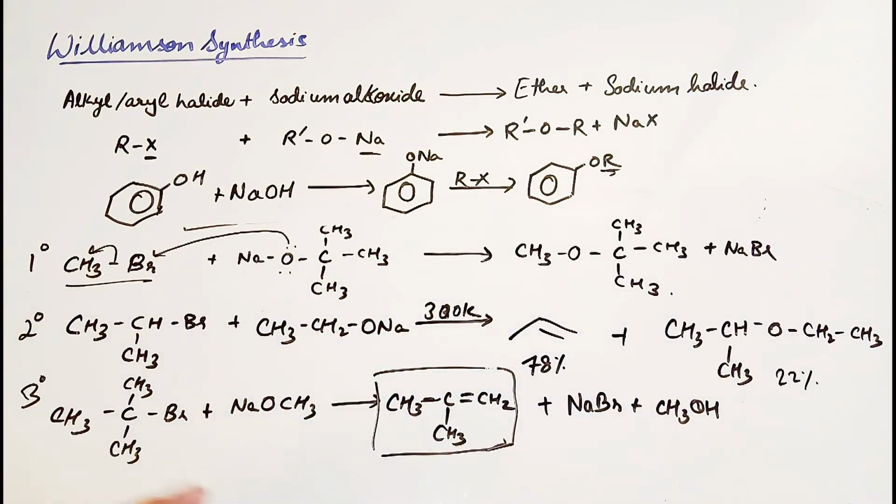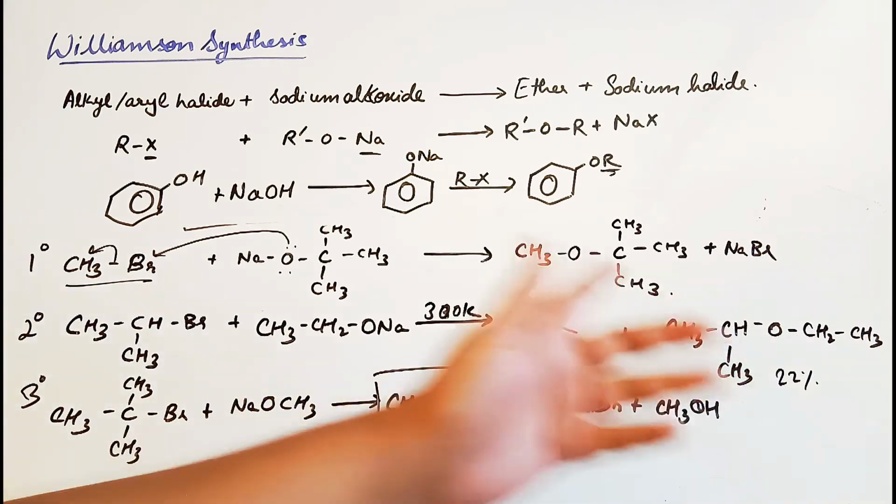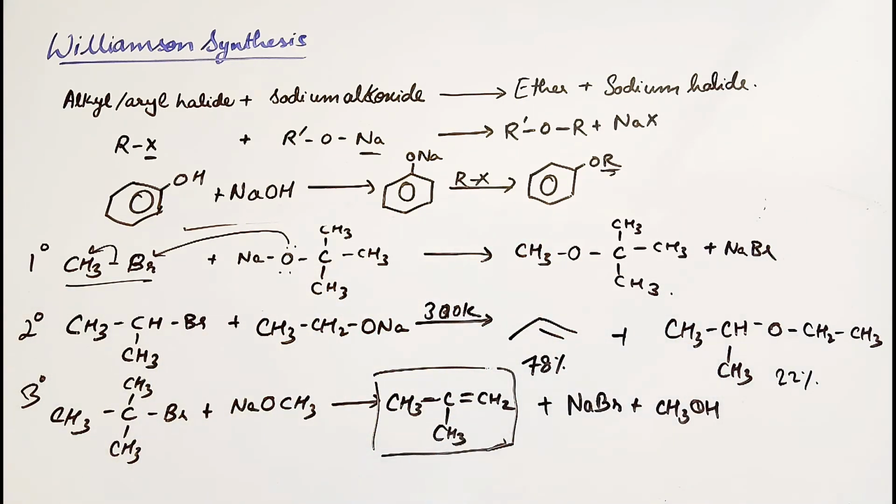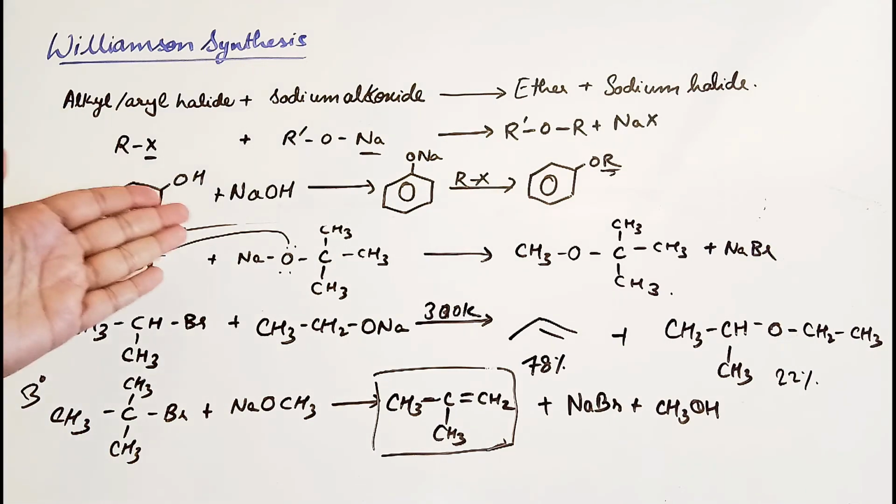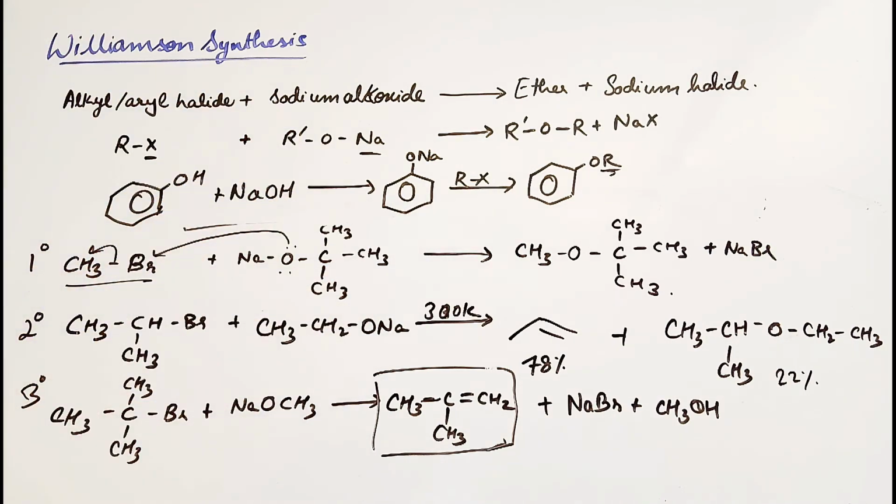In case of tertiary, we only have the formation of the elimination product, and we don't have the ether at all. And phenol reacts with sodium hydroxide to form the sodium phenoxide ion, which on reaction with RX, that is alkyl halide, leads to the formation of the aryl ether. With that, we're done with Williamson synthesis.